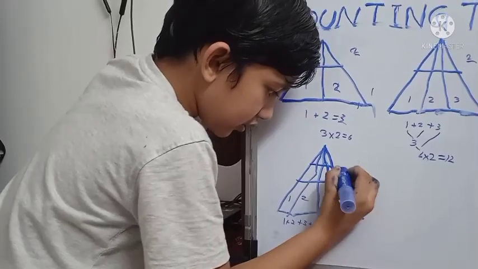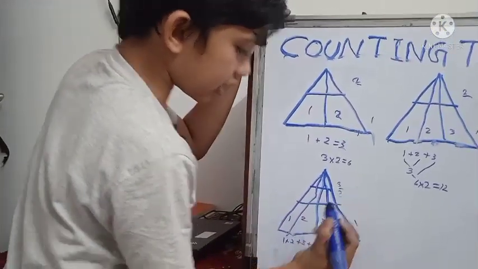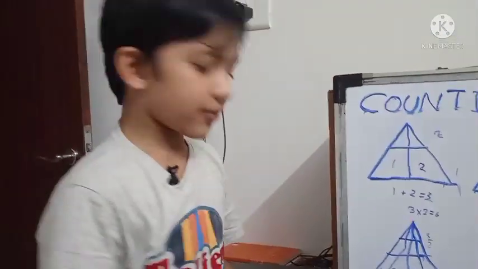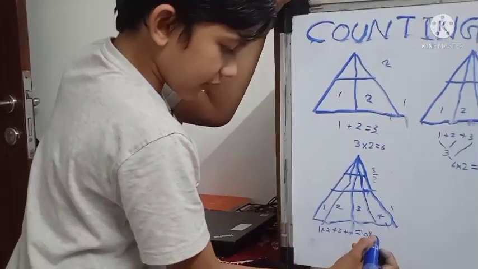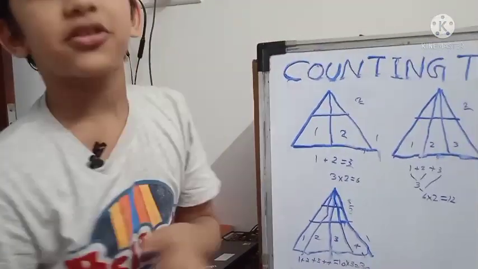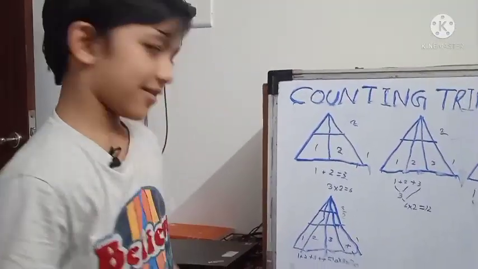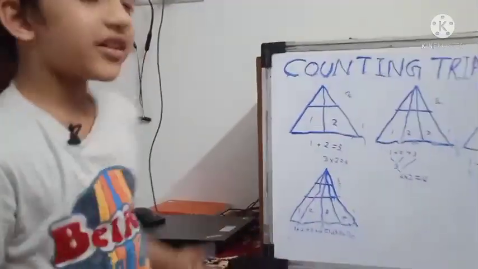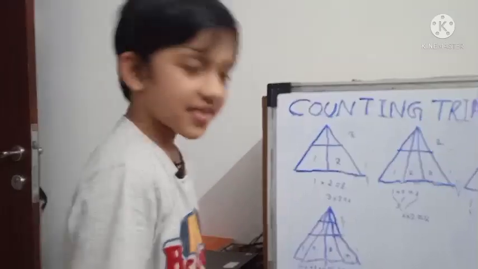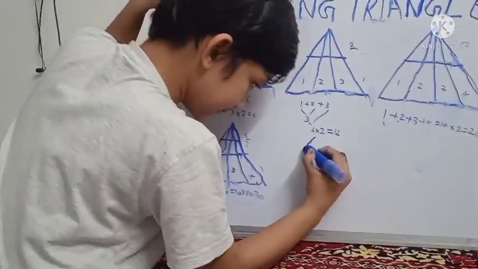This time we have the highest number of horizontal lines, 3. So we will multiply the answer 10 with the 3, which will come 30, because 10 multiplied by 3 is equals to 30. This triangle has 30 triangles. Now let's do a little more practice.